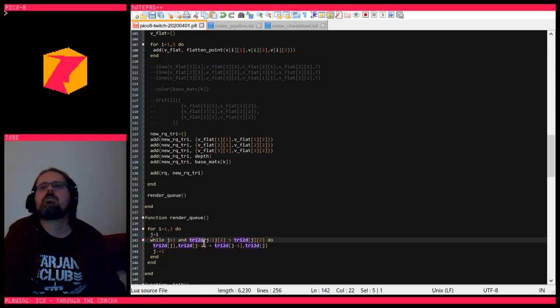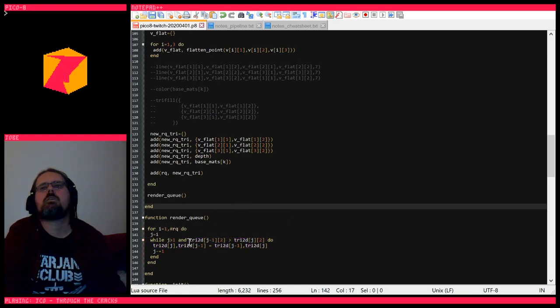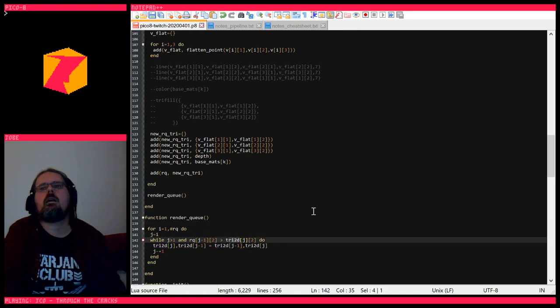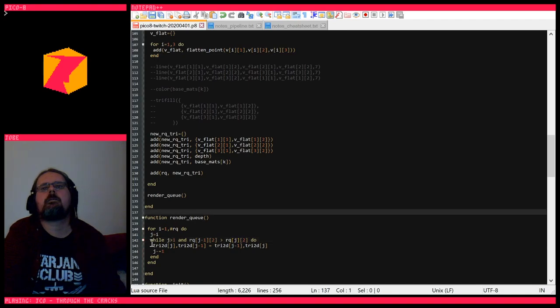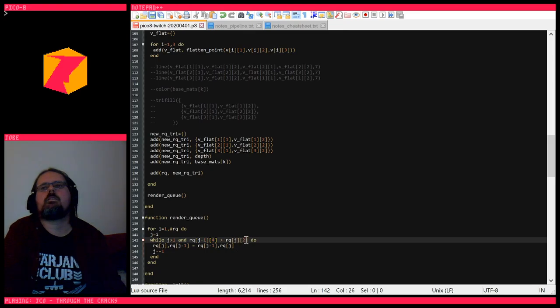So of course we're going to be sorting RQ, and instead of try 2D, and let's see, the sorting criteria is going to be index 4, which is our depth value.